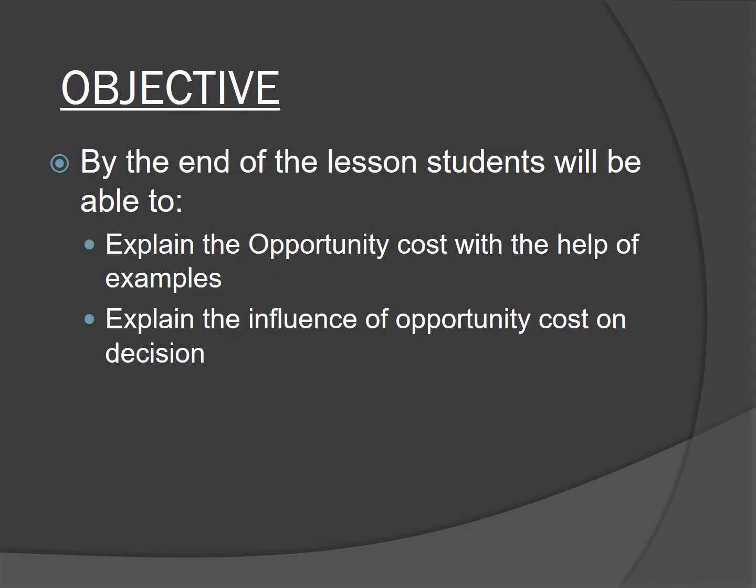Now come towards the objective. By the end of the lesson, students will be able to explain the opportunity cost with the help of examples, and explain the influence of opportunity cost on decision making.